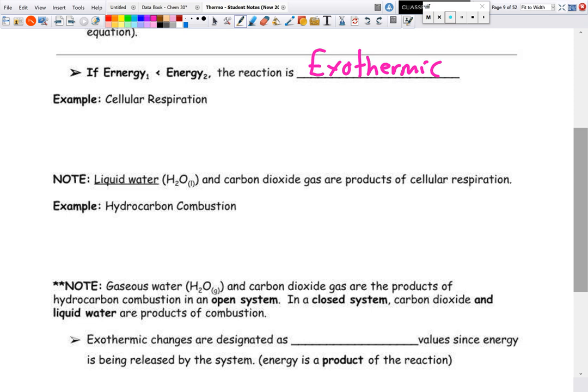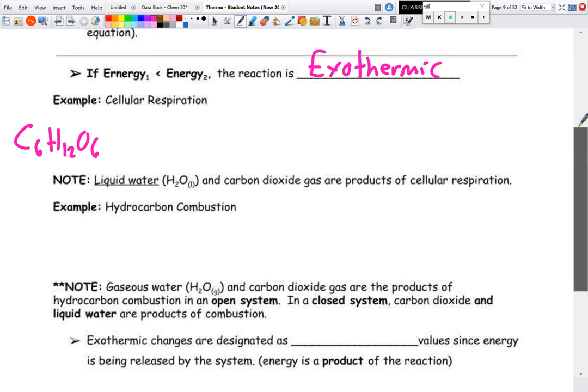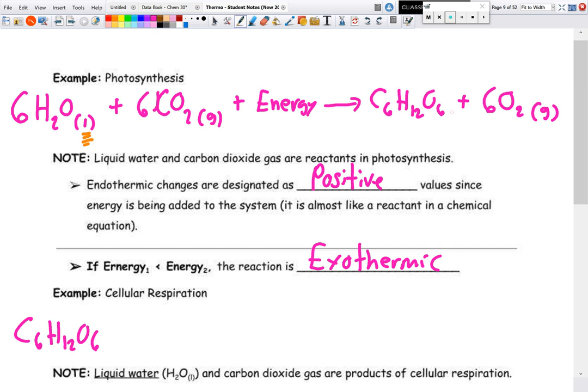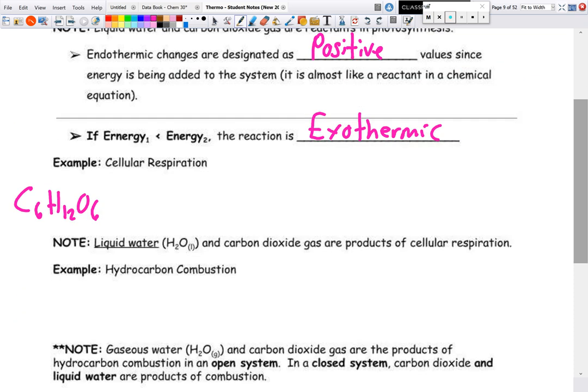So this one is the exact opposite, like everything is the exact opposite of photosynthesis, where we start with our glucose, C6H12O6. Now, I forgot the state of matter up here, didn't I, for glucose? And that's going to be aqueous. Sorry, that's an AQ. And I'm going to remember to put it down here as well, AQ.